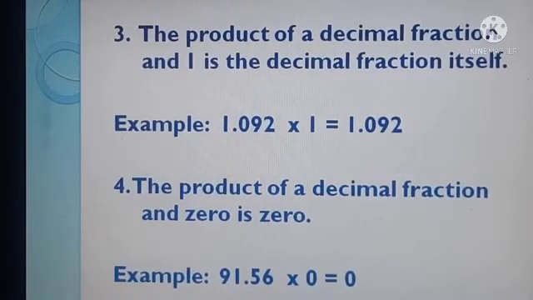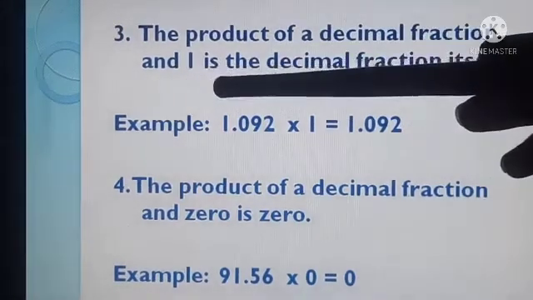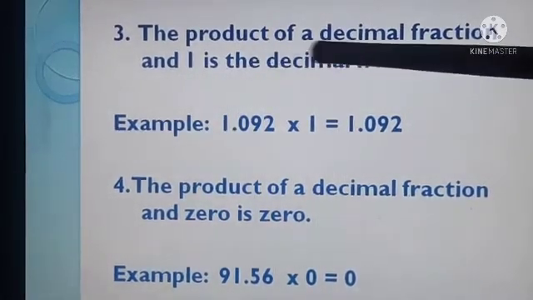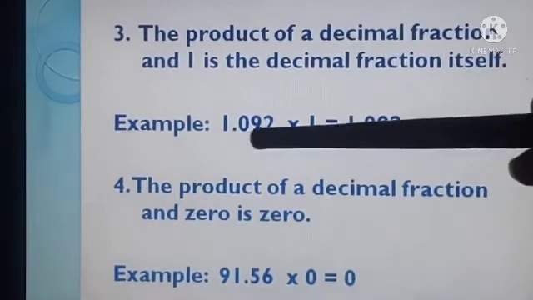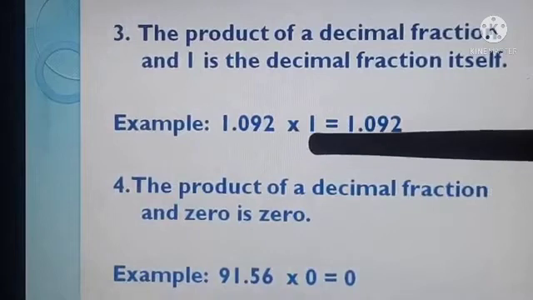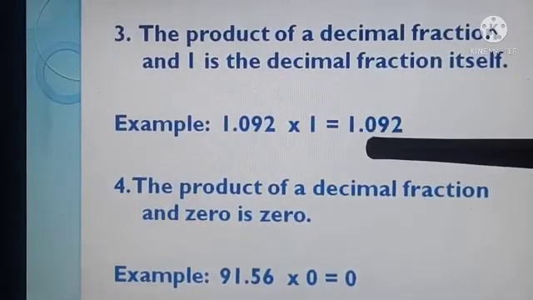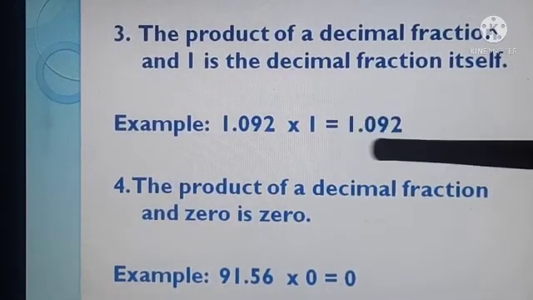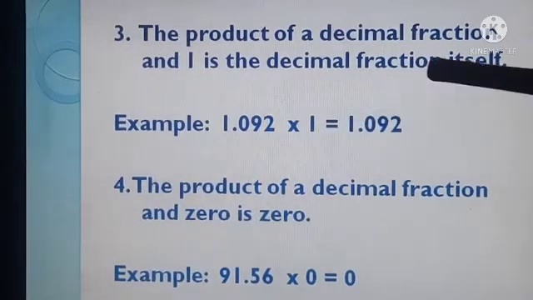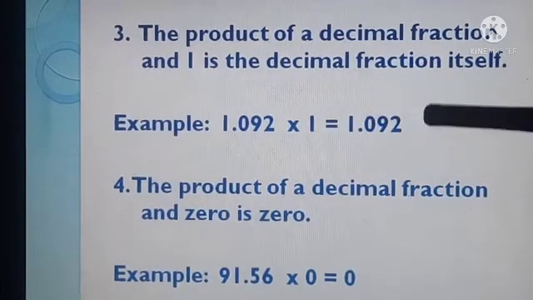Third property, the product of a decimal fraction and 1 is the decimal fraction itself. Product of the decimal fraction 1.092 and 1. So 1.092 multiplied by 1 will give the decimal fraction itself. 1.092 multiplied by 1 is equal to 1.092.